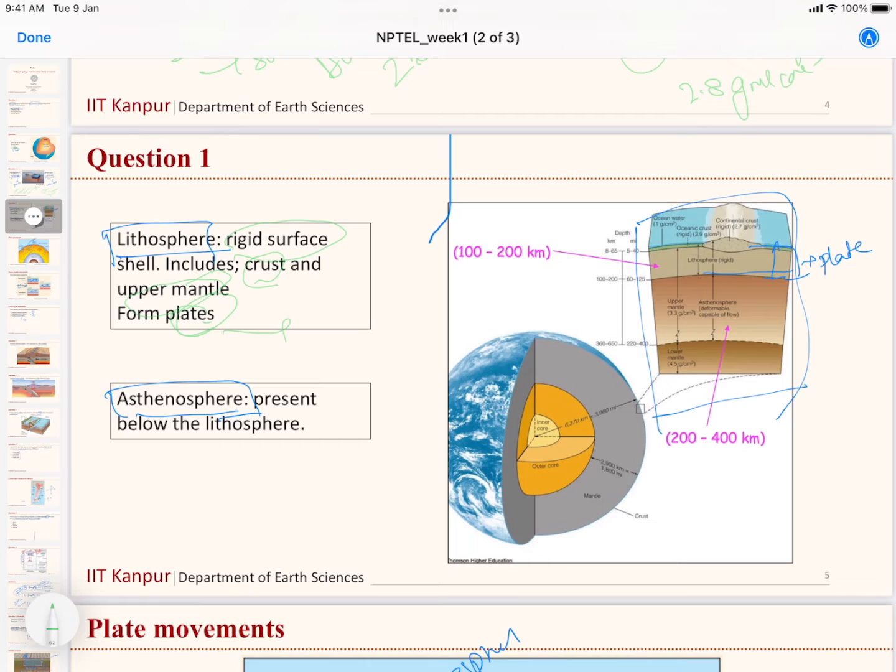To make this movement happen smoothly, we need some agent that will provide the force for the plates to move. For that, the asthenosphere plays a role in facilitating the motion of the plates, and that's why it is in a partially molten state, so the plate can easily float on it.